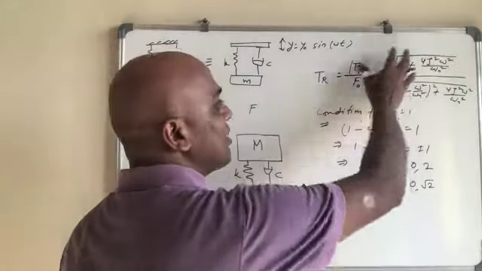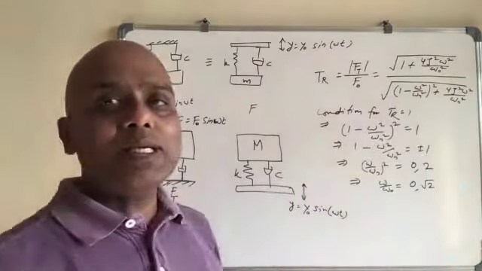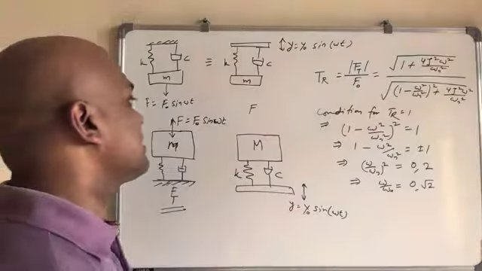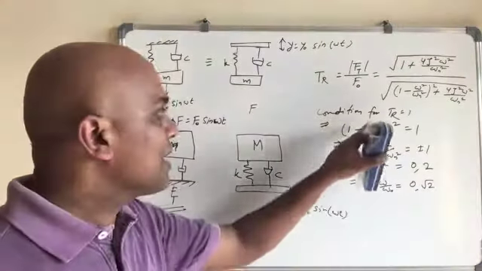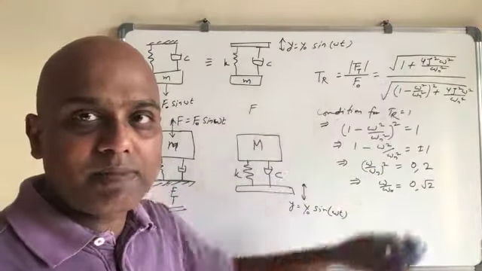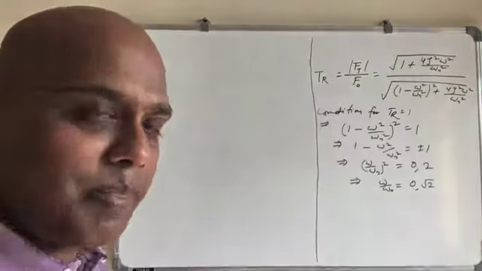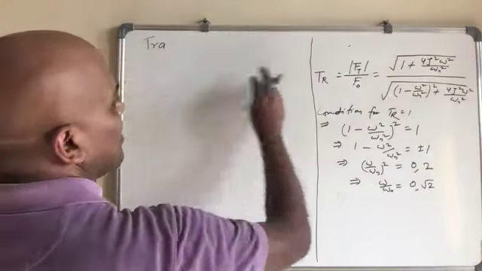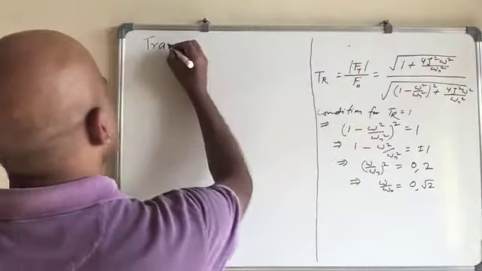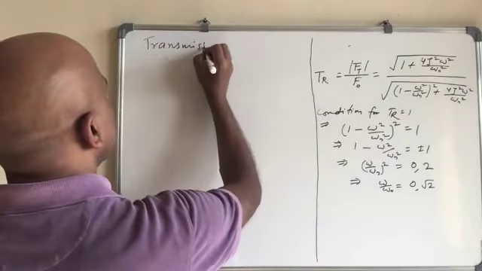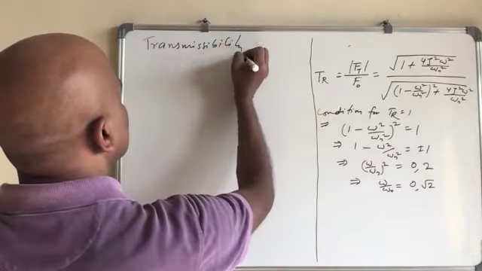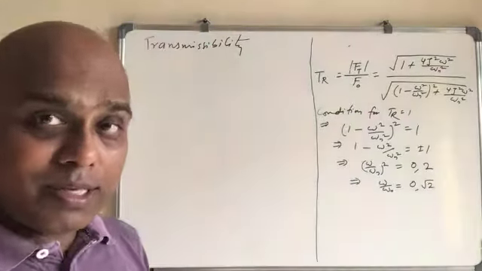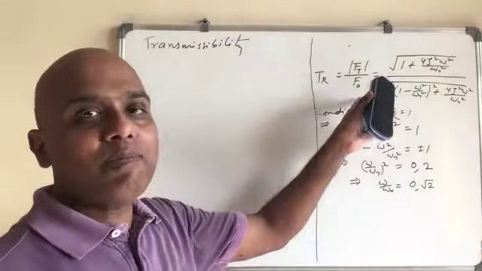So this equation we already had, but today we will also plot it so that you get more insight regarding this transmissibility. So let's plot the transmissibility that we derived yesterday, which is given here. Transmissibility is the force transmitted to the ground divided by the applied force.